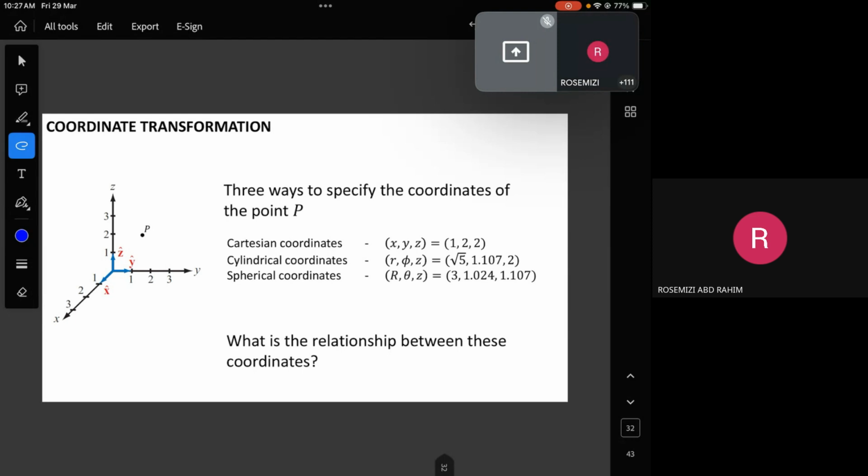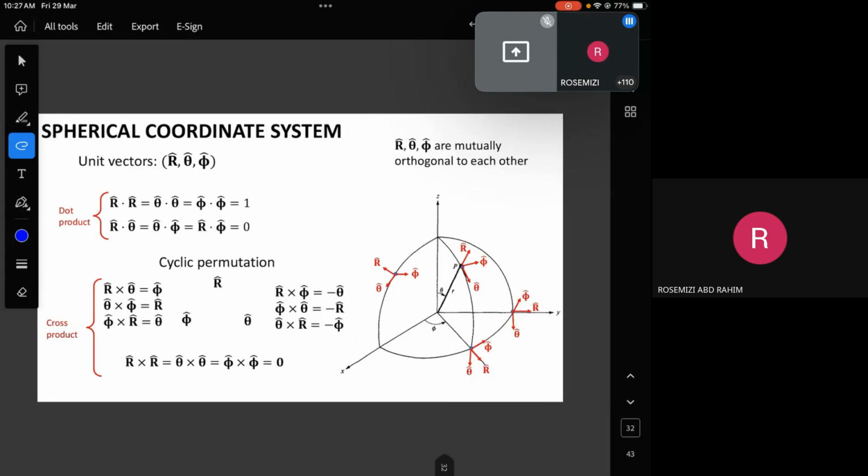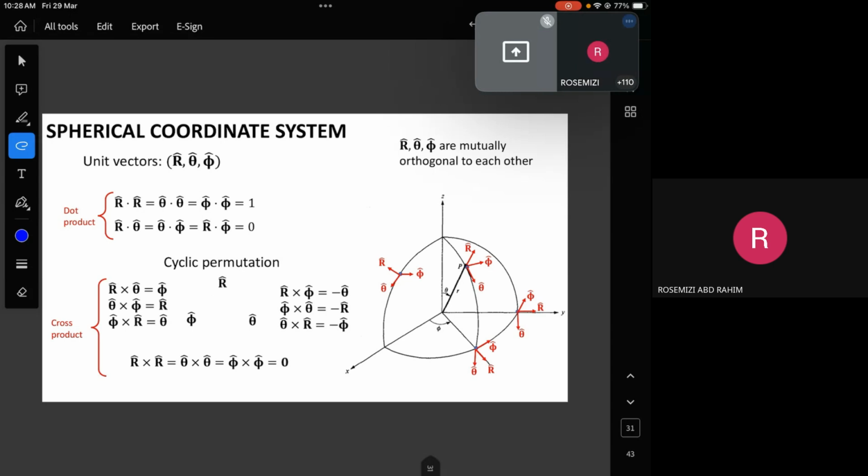The first one is using the Cartesian coordinate system, the second one using cylindrical, and the third one using spherical. For Cartesian, we have x, y, and z. For cylindrical, we have r, phi, and z. For the spherical coordinate system, we have capital R, theta, and phi. Theta is the angle between R and the Z axis.